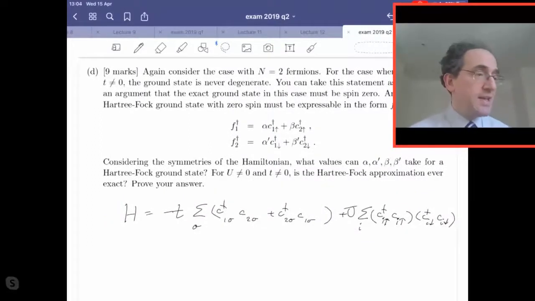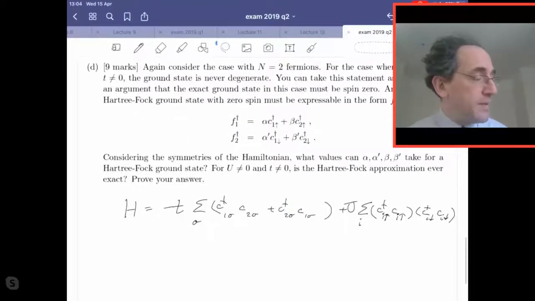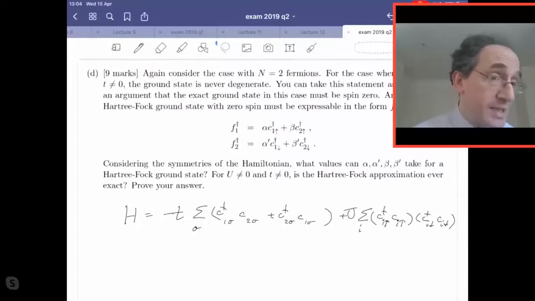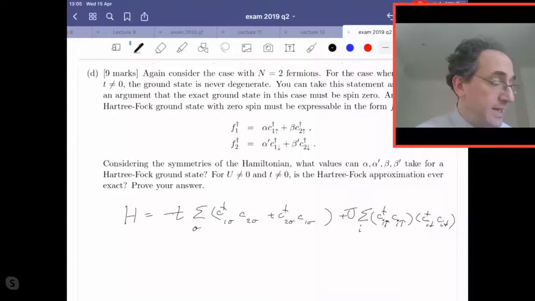That's not obvious, but you remember that when we looked at the Hartree-Fock problem, we considered Hartree-Fock on a translationally invariant system, and we discovered that the Hartree-Fock ground state and the non-interacting ground state were the same. The Hartree-Fock ground state was just a superposition of plane waves. Now, this Hamiltonian may not look like it's translationally invariant, but actually it is.